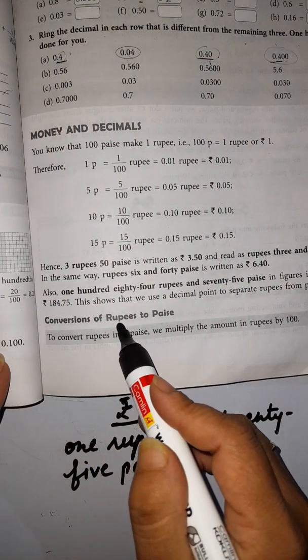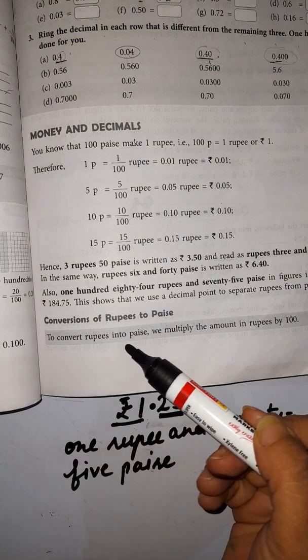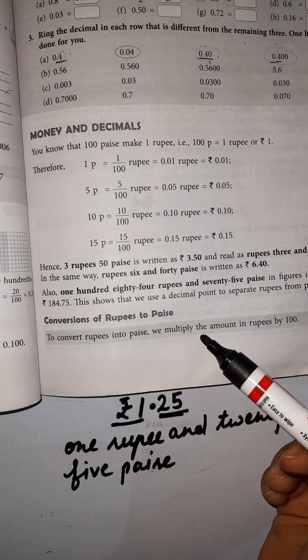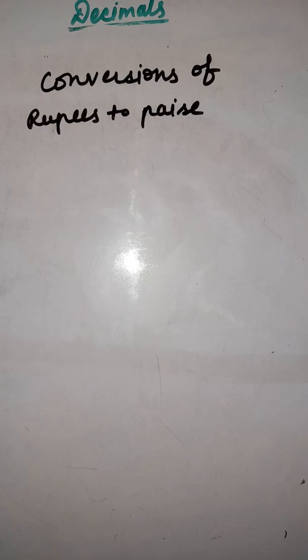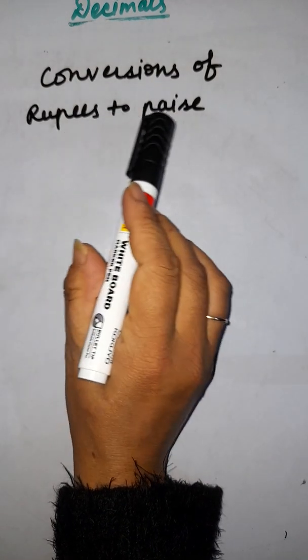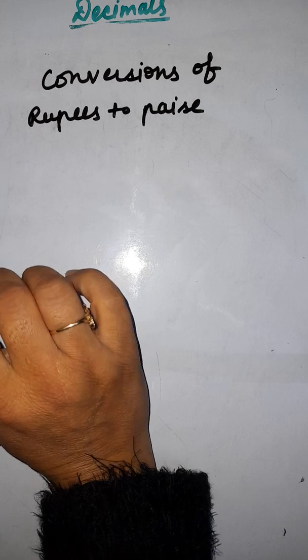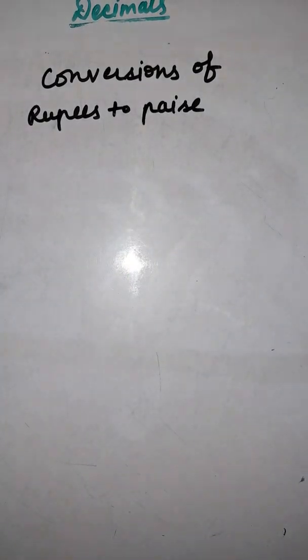So look here, conversion of rupees to paise. To convert rupees into paise, we multiply the amount in rupees by 100. Let's solve some examples here. Students, we have a rule to convert rupees into paise: we need to multiply the given amount by 100.